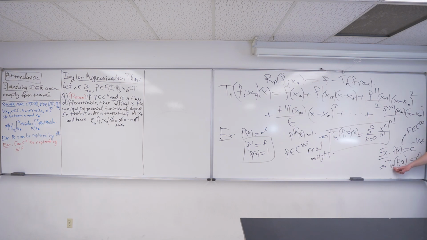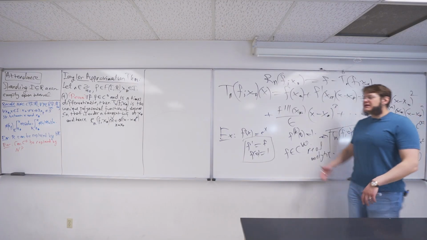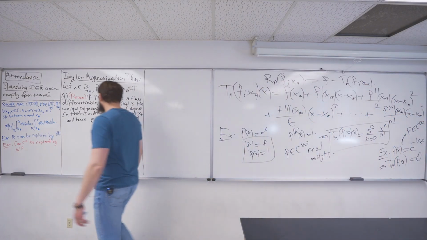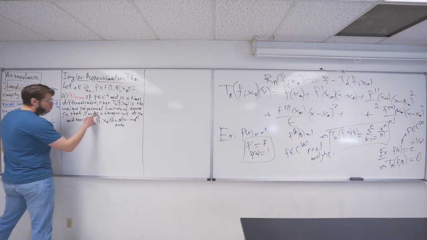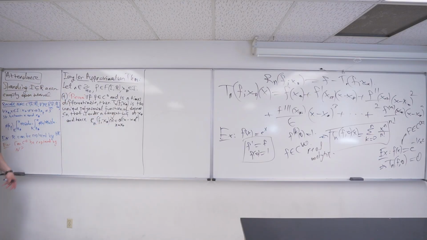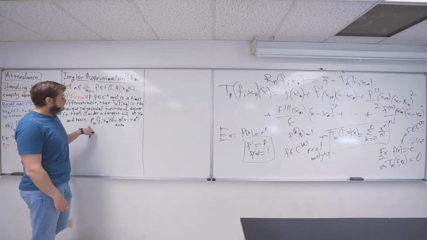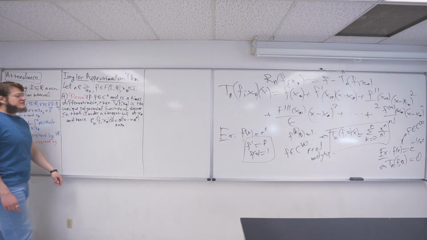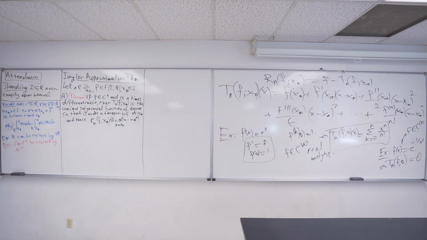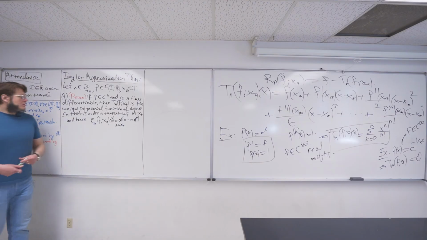So the nth Taylor polynomial, in general, doesn't need to be a degree n polynomial. It's just that you have an upper bound on the degree: degree at most n, that is order n tangent to f at x star. And therefore, since R sub n is f minus T sub n, I'm saying this is little o of the distance between x and x star raised to the power n. That's the Peano form of the remainder.